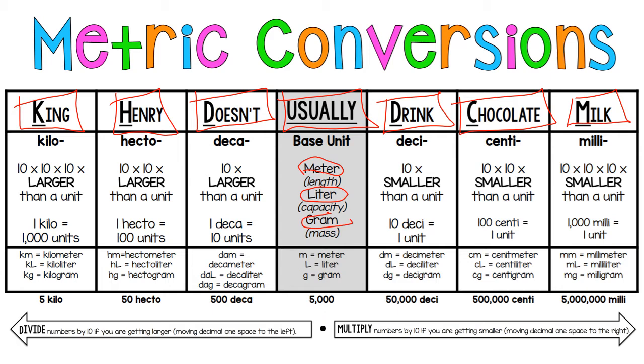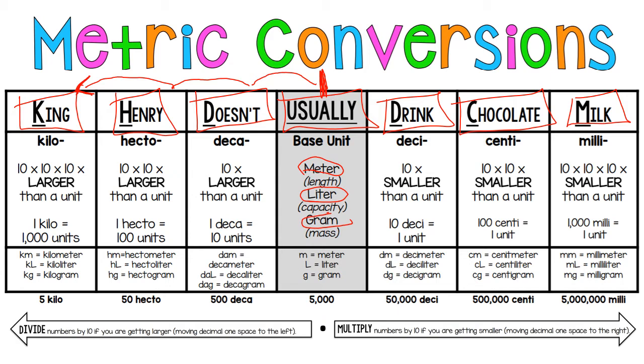Doesn't usually stands for deca, and that is 10 times larger. So I want you to notice, right here is 1, okay? Think of the number 1, that's for the base unit. Every time you go to the left this way, it's getting larger by a power of 10.